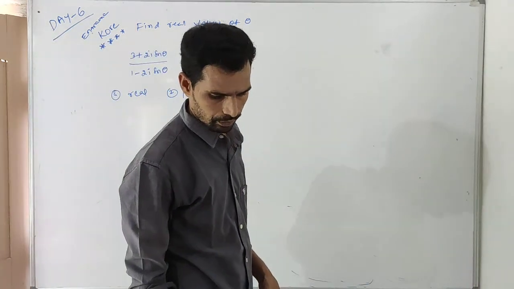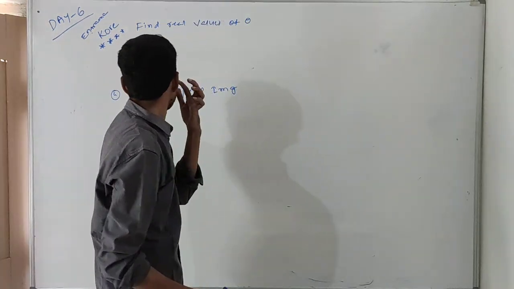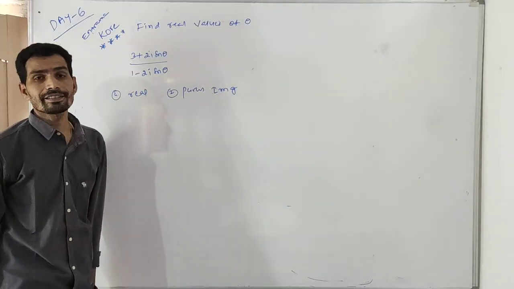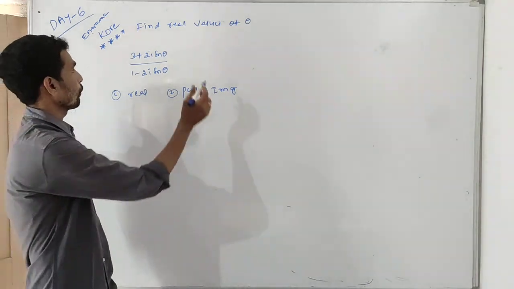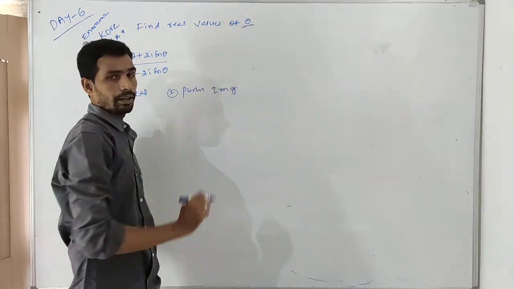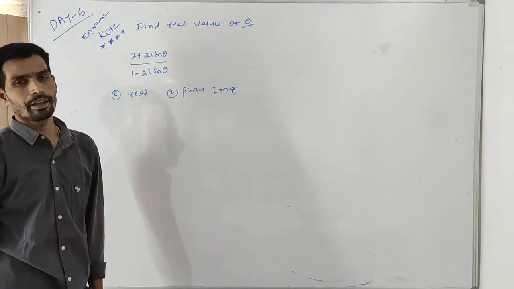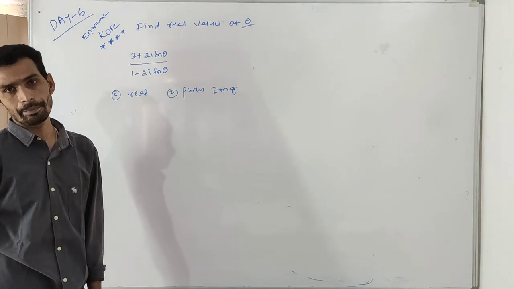What are you asking here? Find the real values of theta, the general solution of theta. Already we know theta solutions in trigonometric equations in first year mathematics A paper.